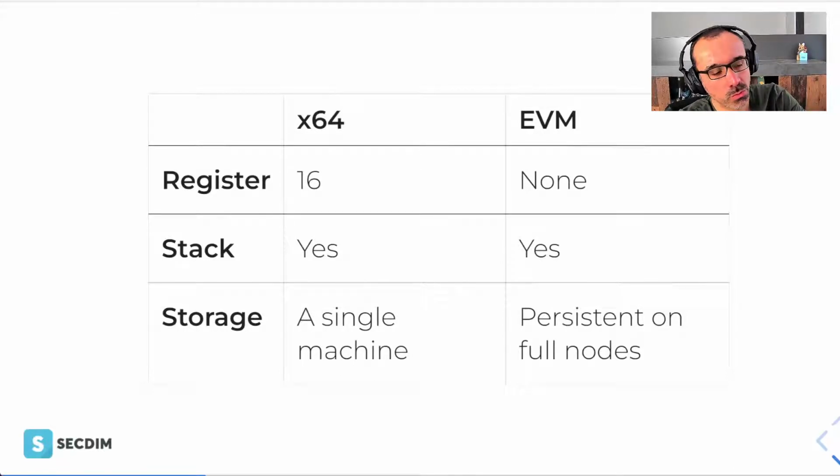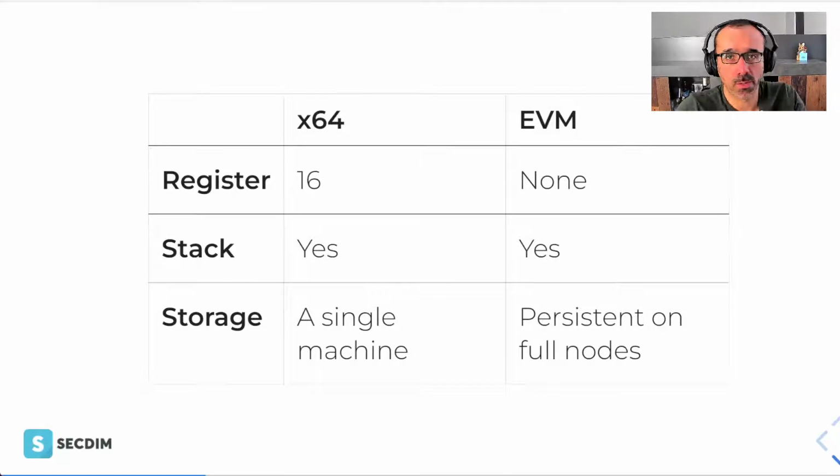When it comes to storage, typically when we run a program and that program produces some data, or it may have some database, all of that information could be in a single environment.